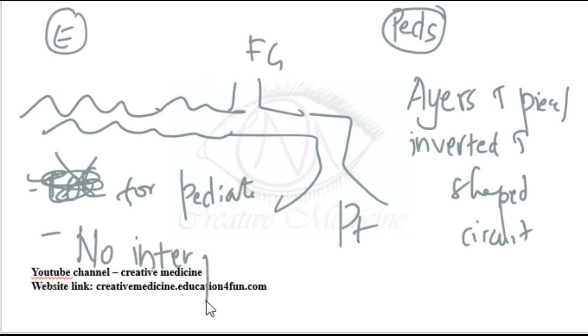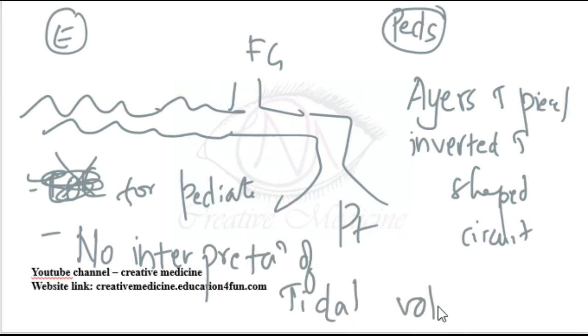Because there is no bag attached to it. If a bag is attached, whenever the patient is respiring, this bag will inflate and deflate, and as a result you can make sure that the patient is breathing. But in Mapleson E, because no bag is attached, you cannot make sure whether the baby is breathing or not.